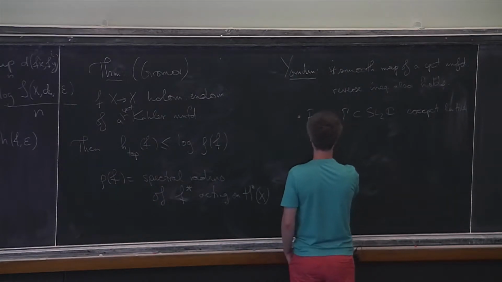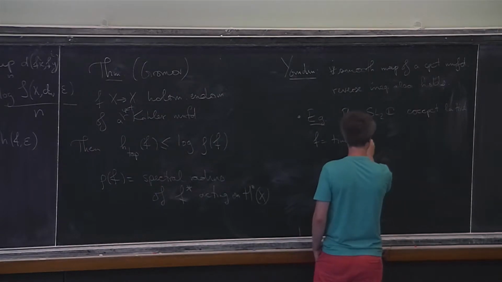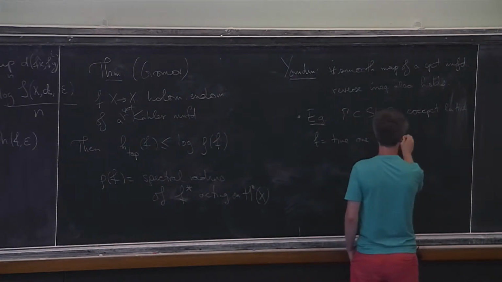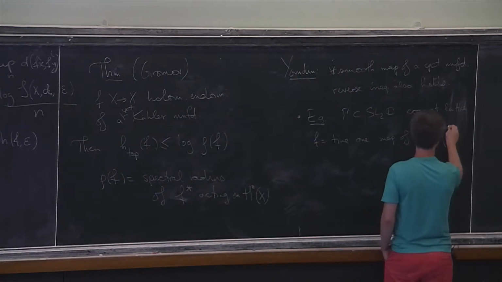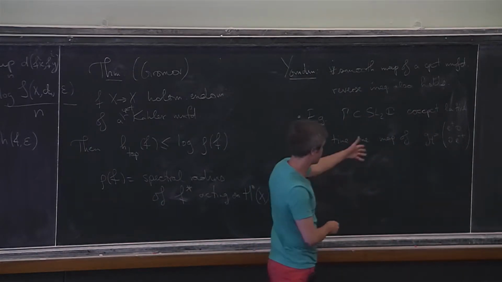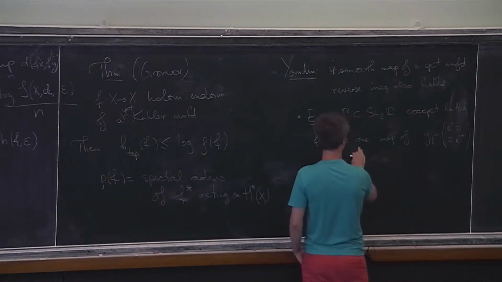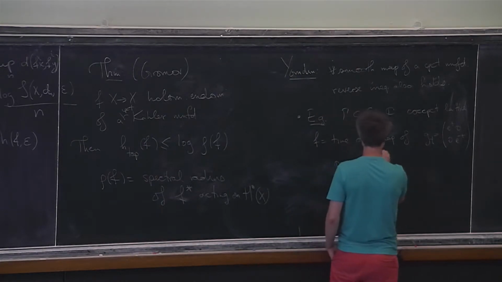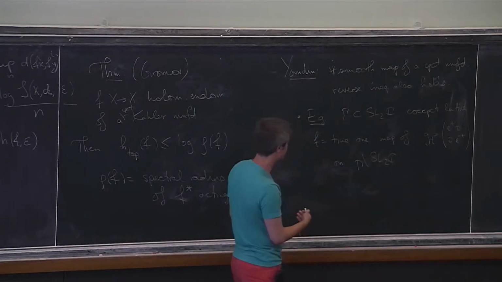So let me take f to be the time 1 map of g_t, this matrix acting on the right for t equals 1, acting on gamma mod SL2C. So this is essentially the geodesic flow.